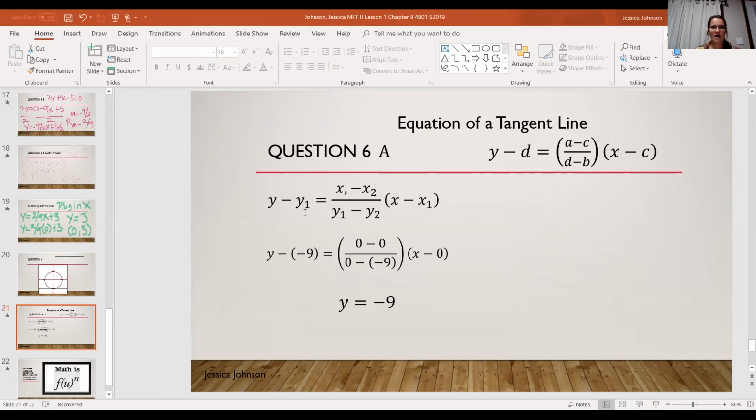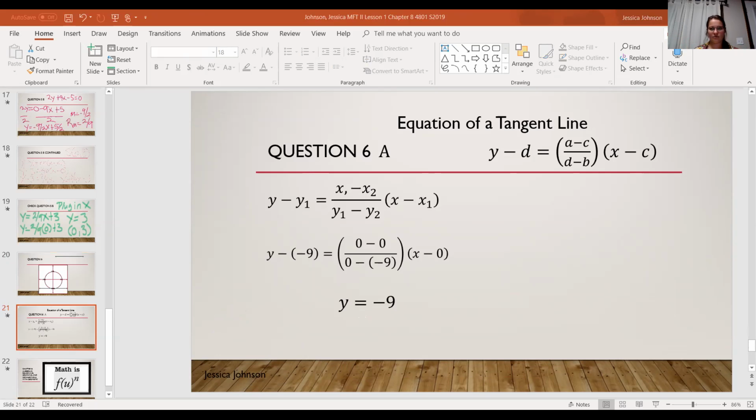So I changed it to Y minus Y1 equals X1 minus X2 divided by Y1 minus Y2 times X minus X1. And then I plugged my values into my formula, and we get Y equals negative 1, I mean negative 9. Y equals negative 9.